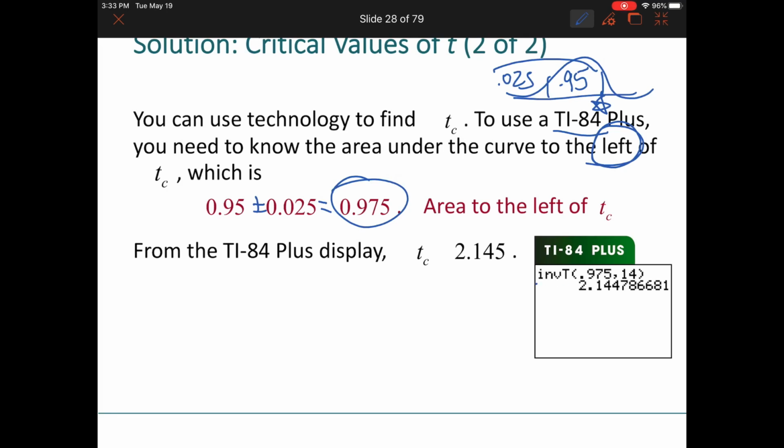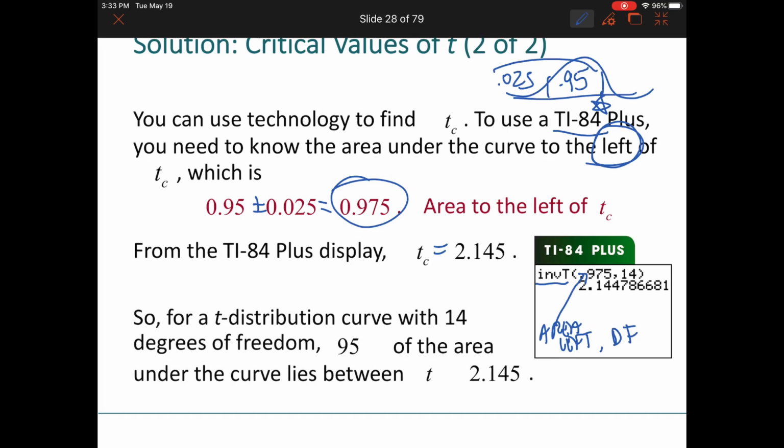So just because you have a calculator doesn't mean it's going to do all your thinking for you. Some people think it does. But notice how we have the two numbers after inverse t, when you get there, is area left and df. So that could go in your notes maybe, or just your memory block if you are using a TI, which we encourage you to do.